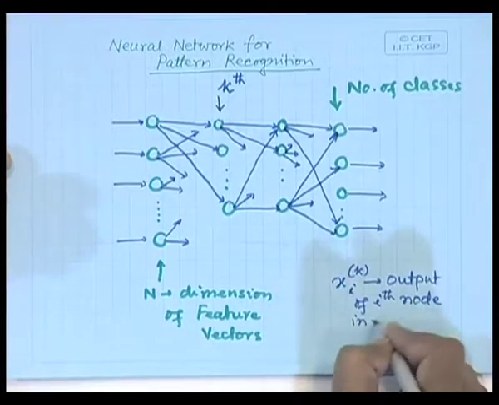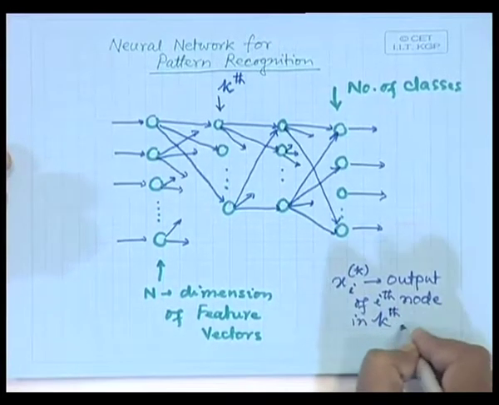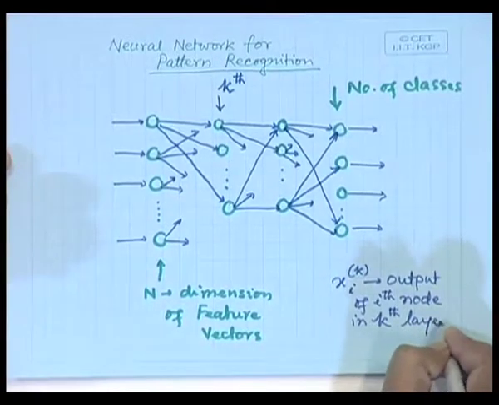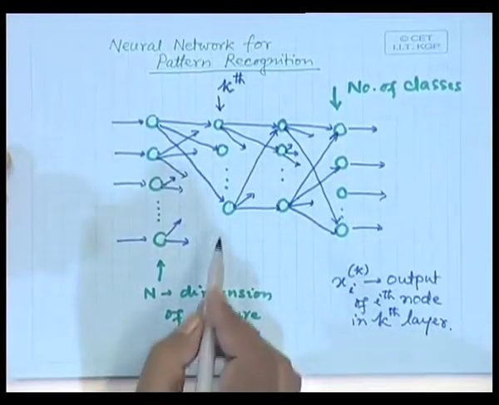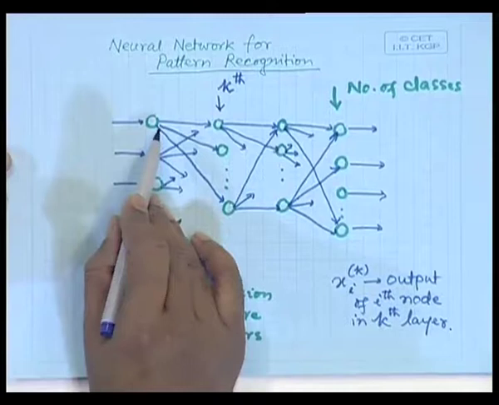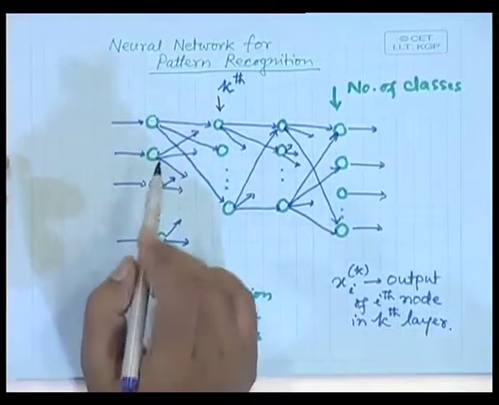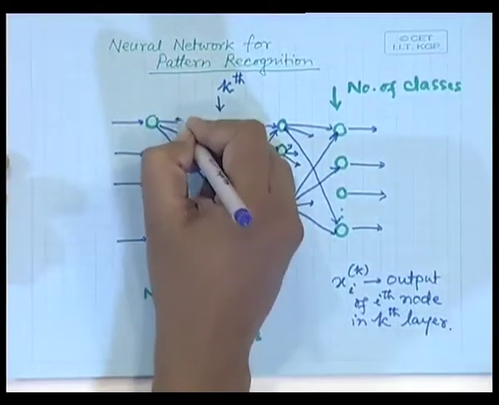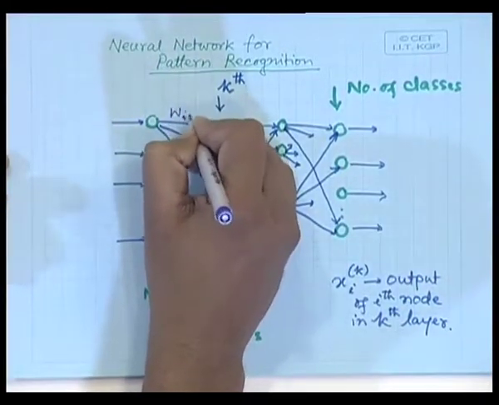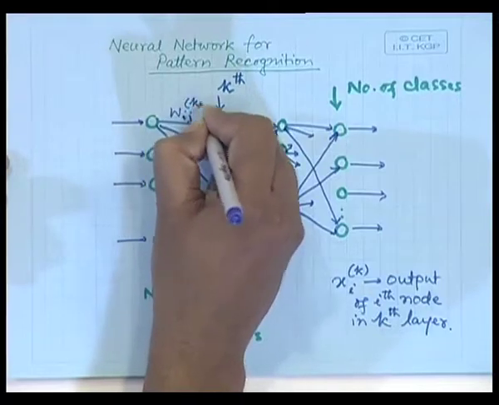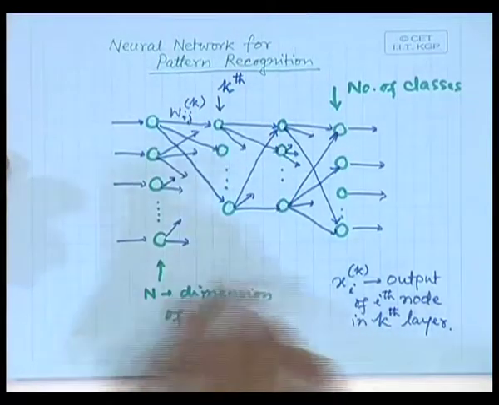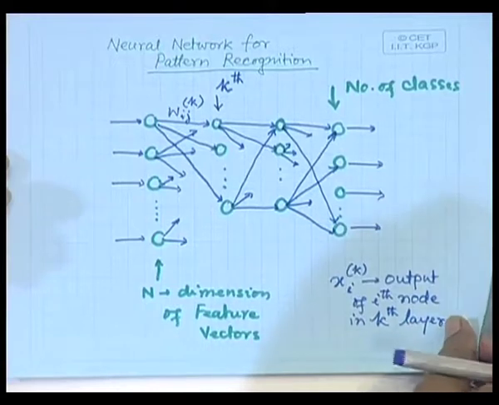And the connection weight from an ith node in the (k minus 1)th layer to a jth node in the kth layer is represented by w i j k.